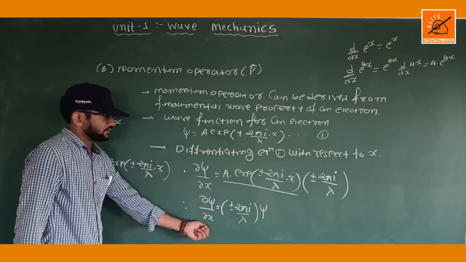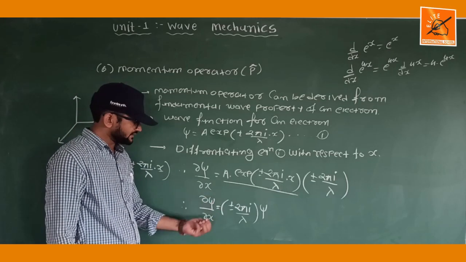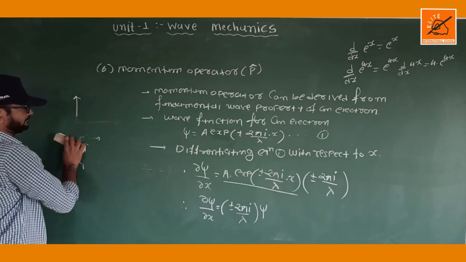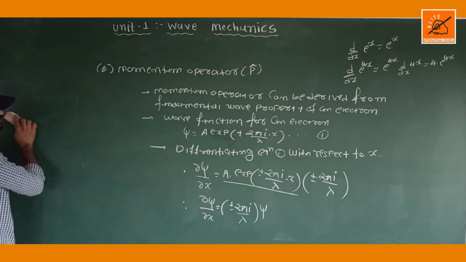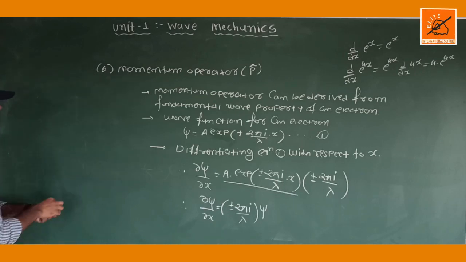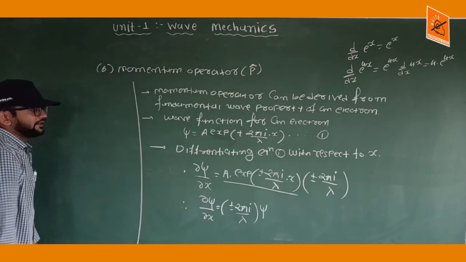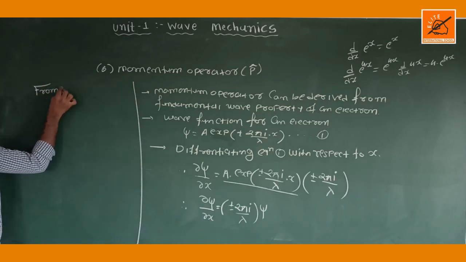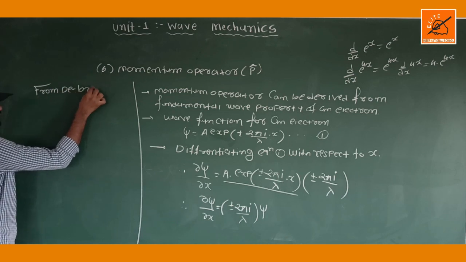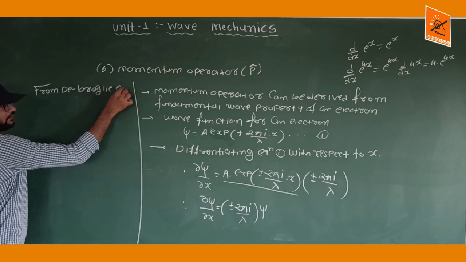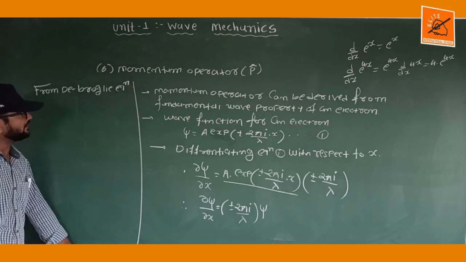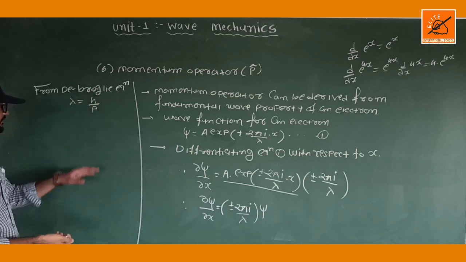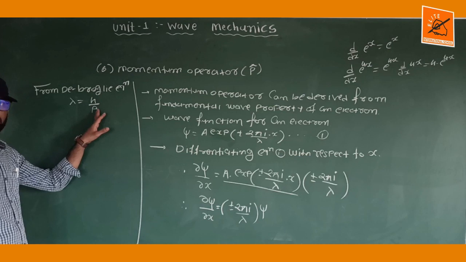Now from the de Broglie equation, what is the de Broglie equation? Lambda is equal to h upon p, where lambda is wavelength, h is Planck constant, and p is momentum.